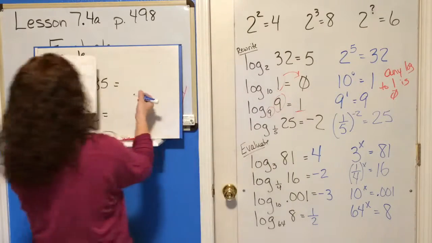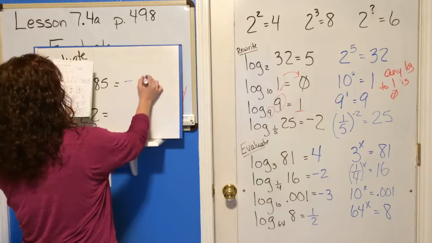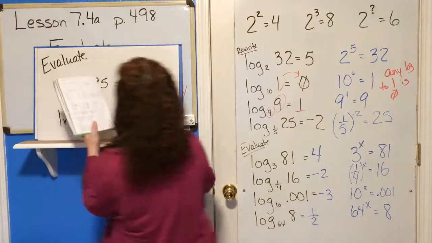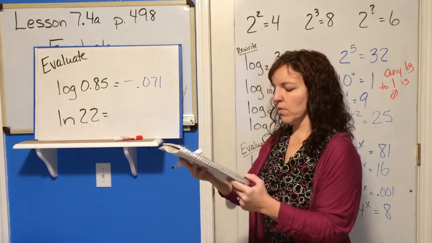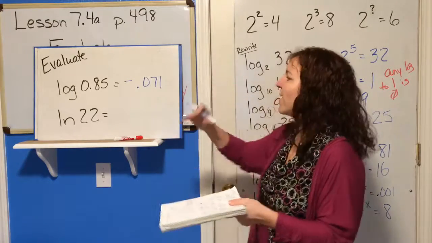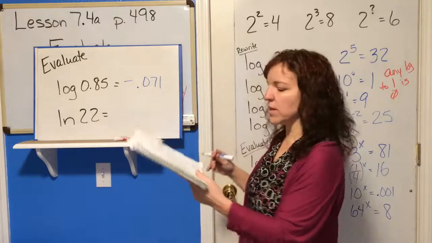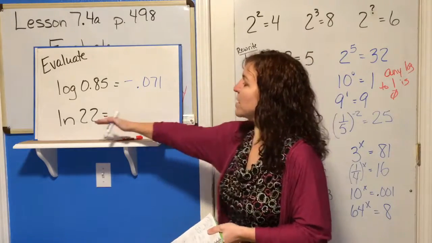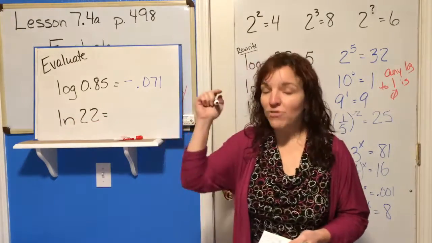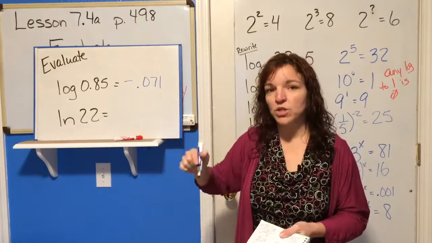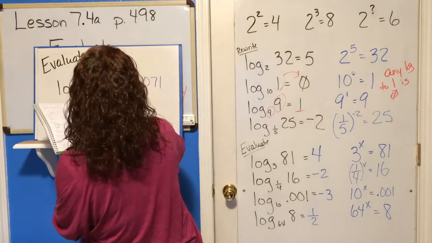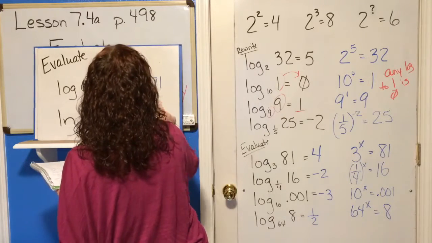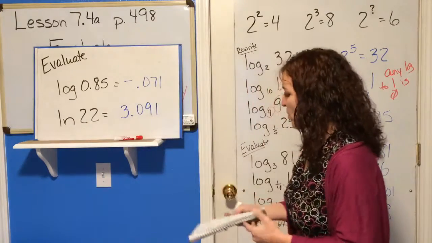You should get out negative 0.071, and these are rounded. Okay, so then the same type of thing with the natural log. You have to put in the 22 first. Put in 22, hit the natural log button, and you should end up with 3.091. Go ahead and do it now and make sure that you get the same number that I get.